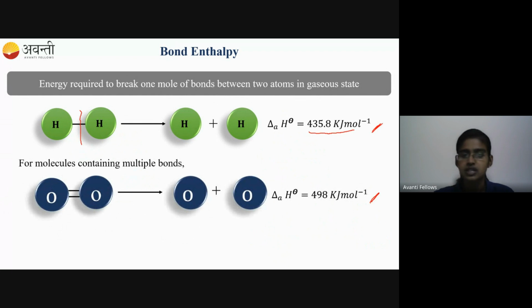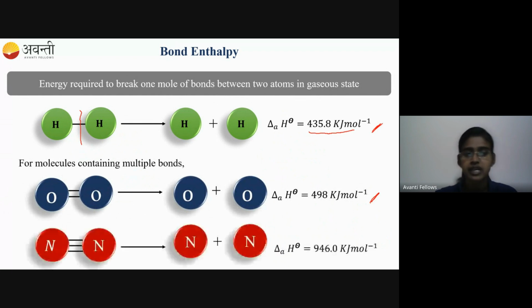And if I go for a triple bonded system like nitrogen, there are 3 bonds, and the highest amount of energy is required to break this nitrogen triple bond. It is 946 kilojoule per mole. Very high. Very difficult to break the N-N bond. So this is the bond enthalpy.